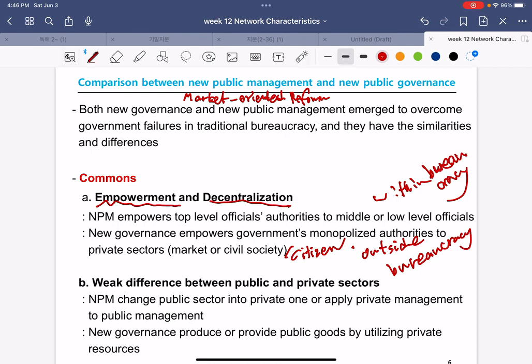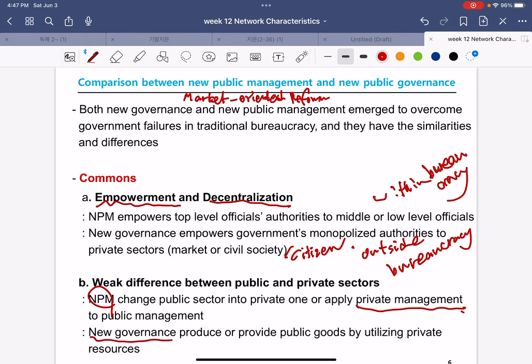However, new governance tries to utilize private resources in order to produce good services, so there is a little bit of difference.